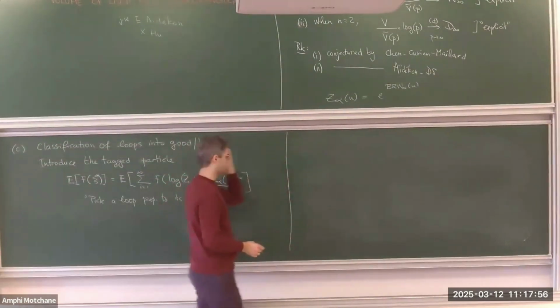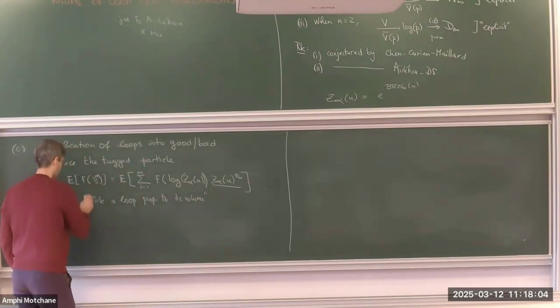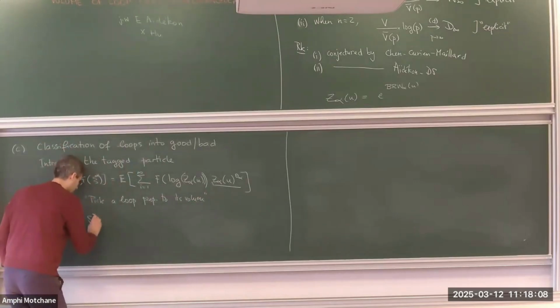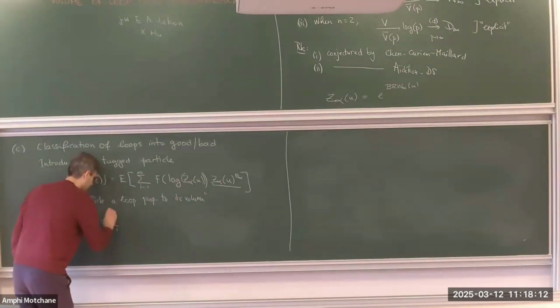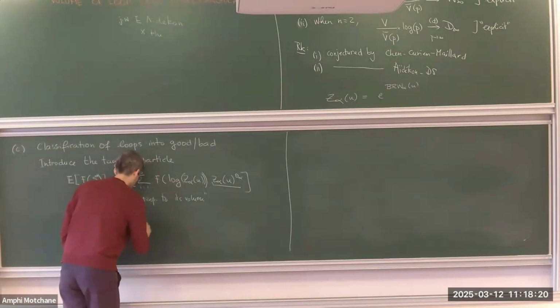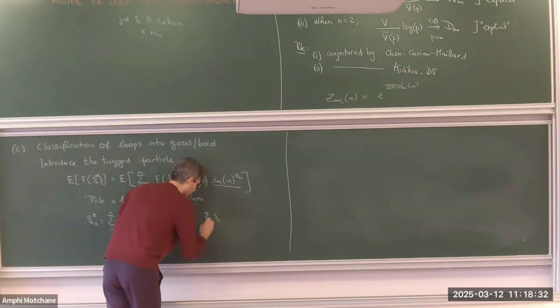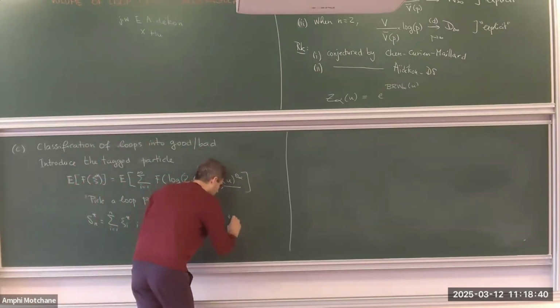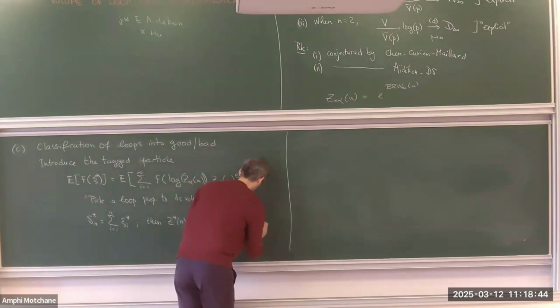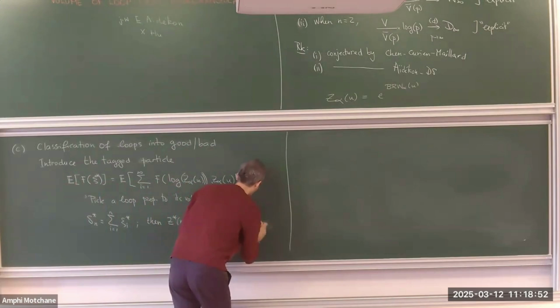Here I'm looking at this branching random walk directly, so I'm taking the log of this, so that if I look at, say, S star n, which is the sum of IID copies, a random walk with this step distribution, and Z star n, which is given by e to this sum, this is what we're going to call a typical loop, describing the behavior of a typical loop, and this is the so-called tagged particle.